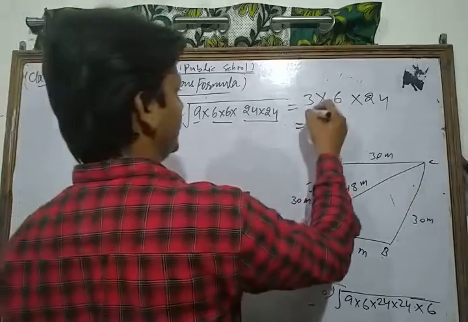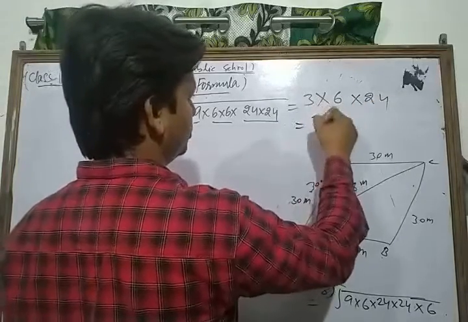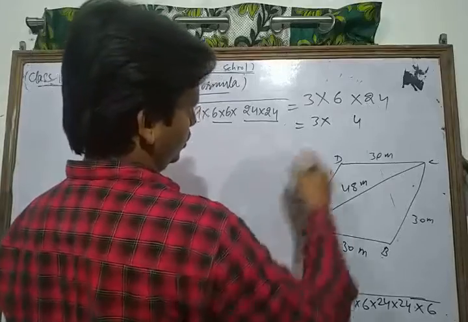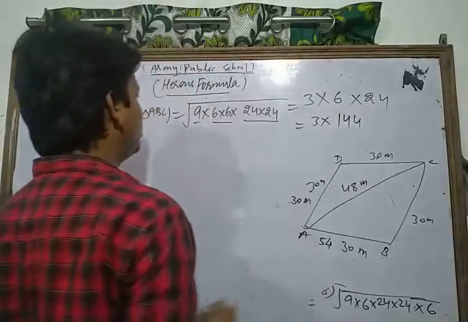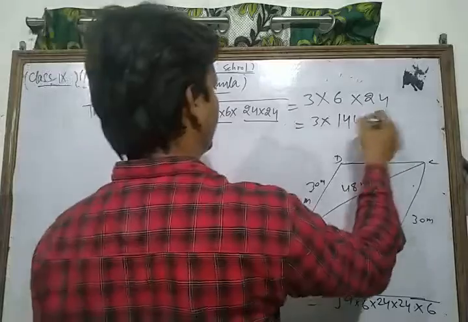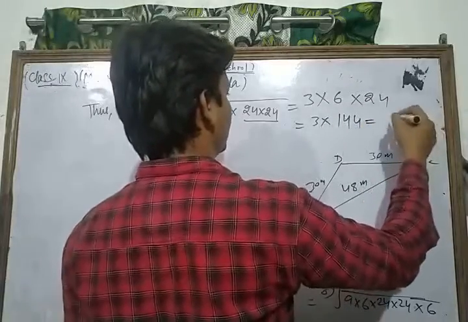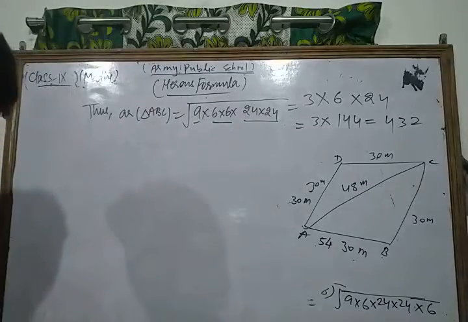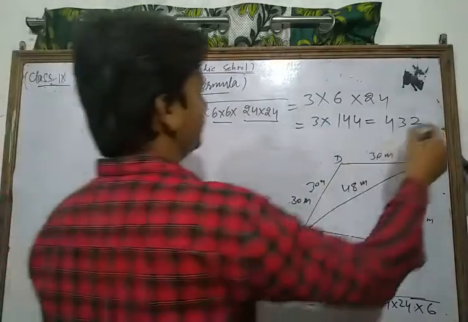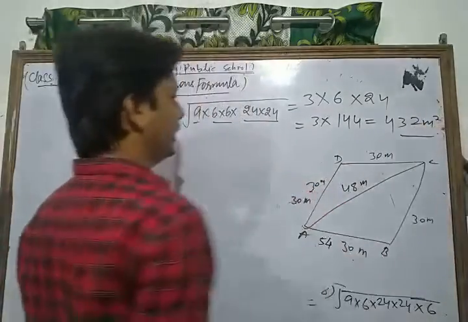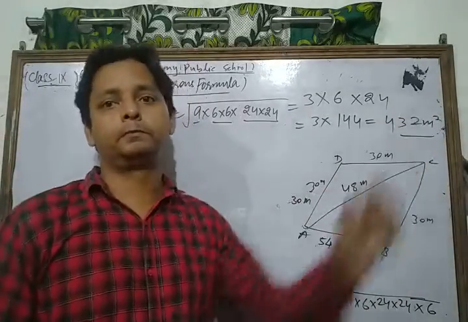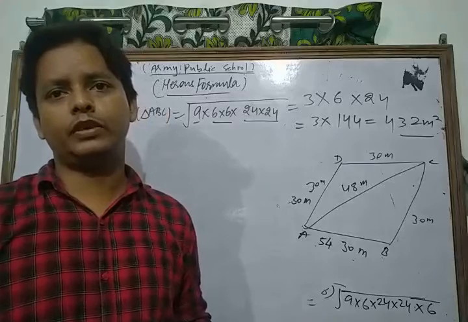So we get 3 into 6 into 24, 6 3s are 18, 144 into 3, so we get 432. So 432 meter square is the area of triangle ABC.